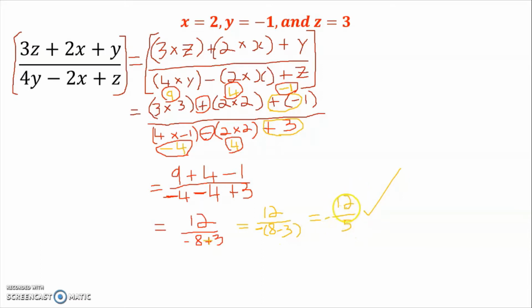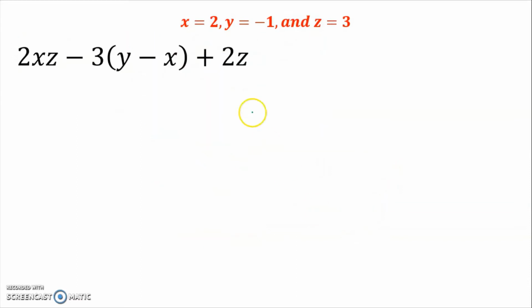Since that cannot be simplified any further, we leave it like that. So negative 12 over 5, let me circle it. Negative 12 over 5 is the value for the expression given to the left here. Good. Let's look at the next question.